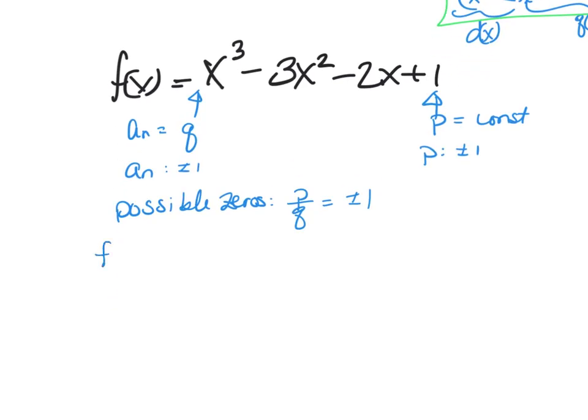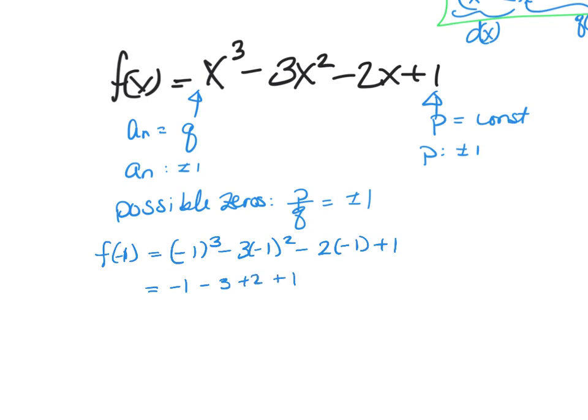So this is where I use my intermediate value theorem combined with my factor remainder theorem. I'm going to put negative 1 in there and see what happens. I put negative 1 in there, I get negative 1 cubed minus 3 multiplied by negative 1 squared minus 2 times negative 1 plus 1. Negative 1 minus 3 plus 2 plus 1.